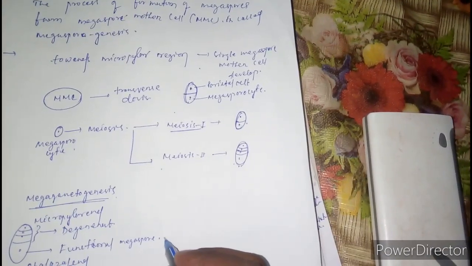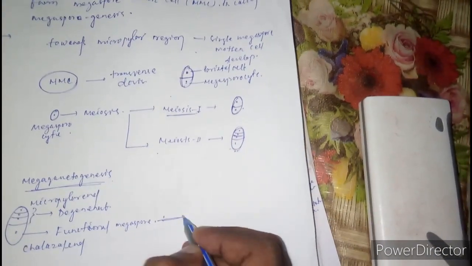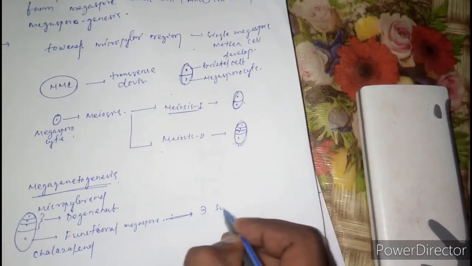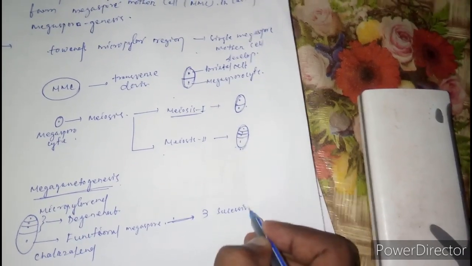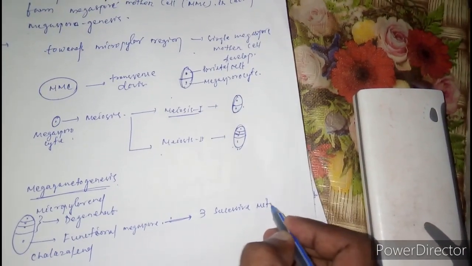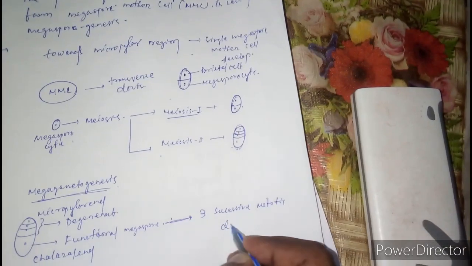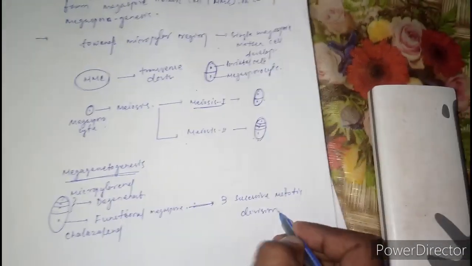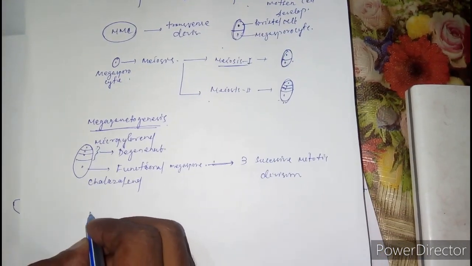This functional megaspore undergoes three successive mitotic divisions. Let's see what happens in mitotic division.